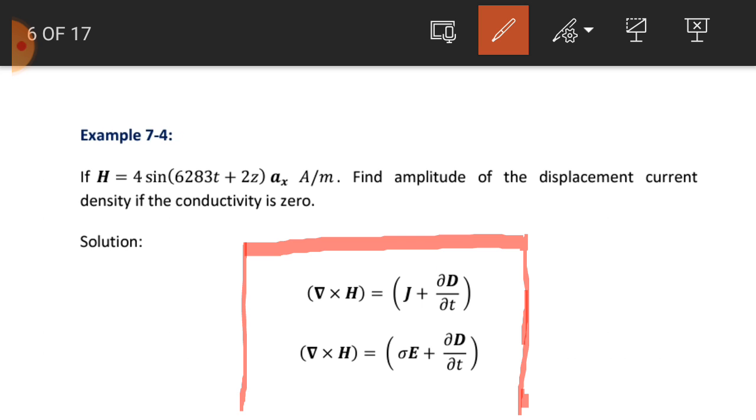The curl of the magnetic field intensity is equal to J plus curly D by curly t. J is the conduction current density, which is the current per unit area, and curly D by curly t is known as displacement current density, and we need to find out this curly D by curly t in this numerical example.